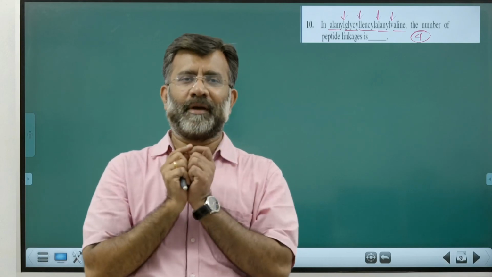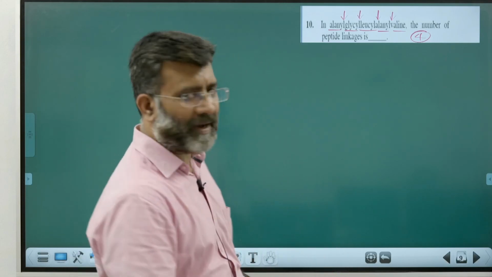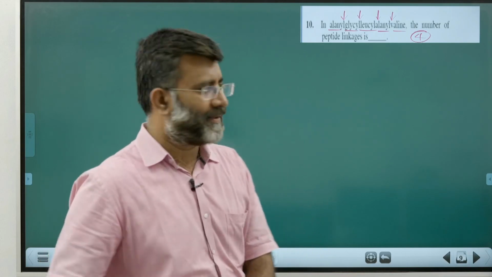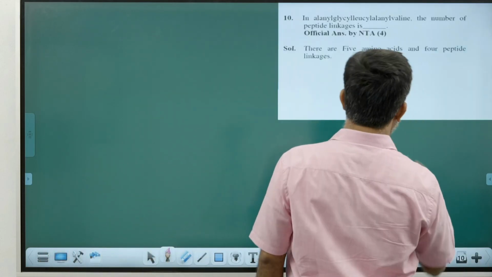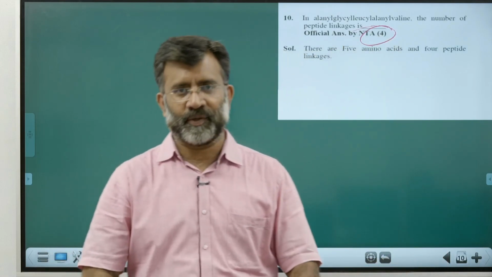Between 2 amino acids there will be a peptide linkage. How many amino acids? 5. So 4 peptide linkages. Answer is 4. And that was the last question in that paper.